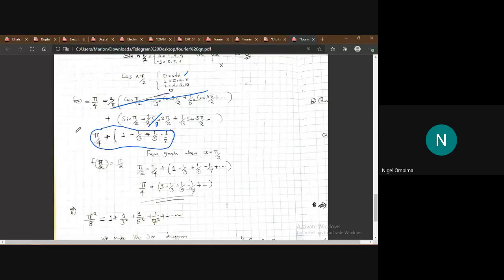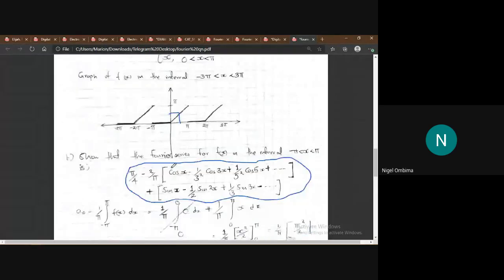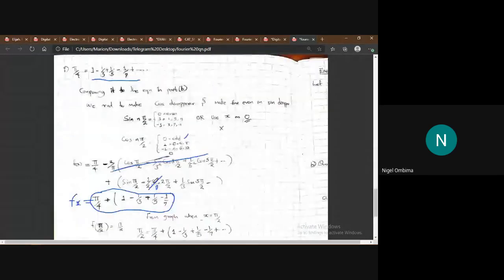And when we see from this, f of x is equal to this, is equal to that. Remember we found our x to be pi over 2. So with x as pi over 2, we go back to our graph from the beginning. When x is pi over 2, what will be our value of y? Our y will also be pi over 2, so our f of x will also be pi over 2.